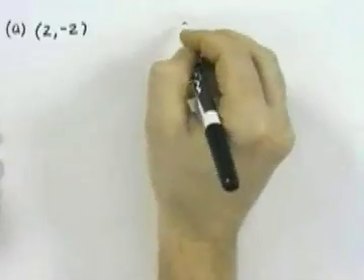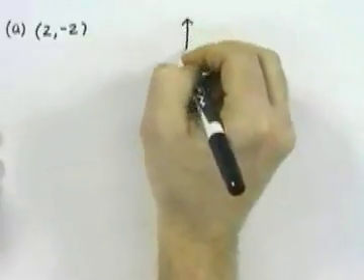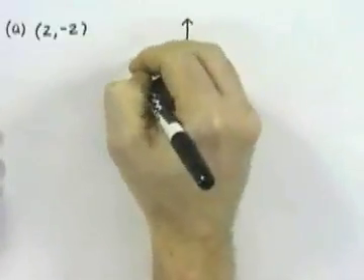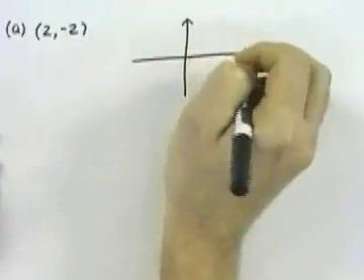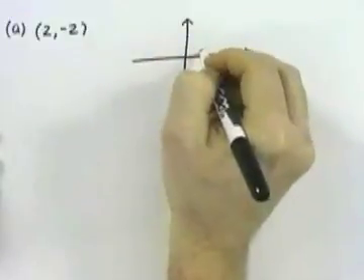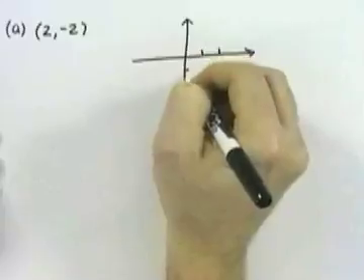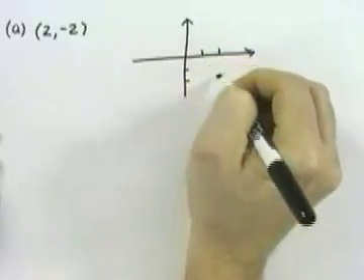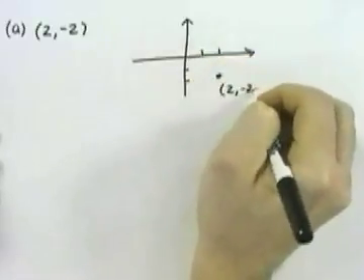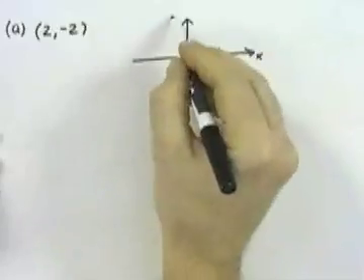The first step in doing this should always be to plot the point to help us visualize the solution. So the point (2, -2) is in the fourth quadrant.